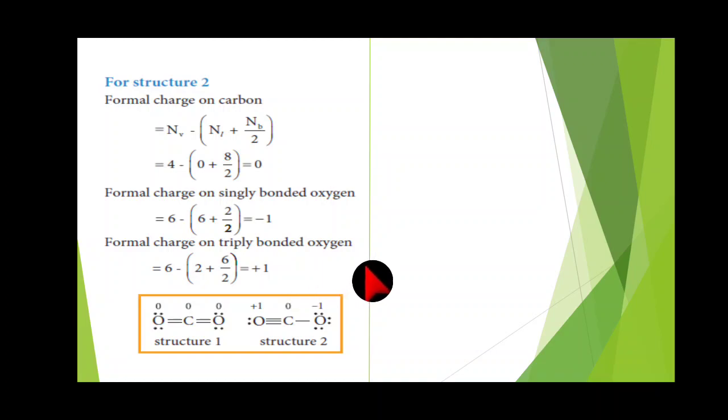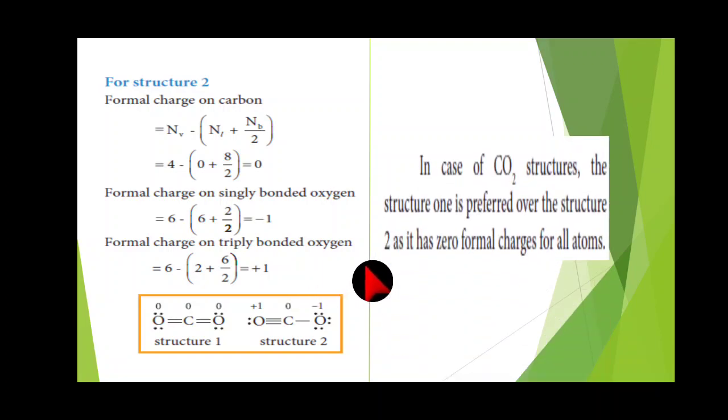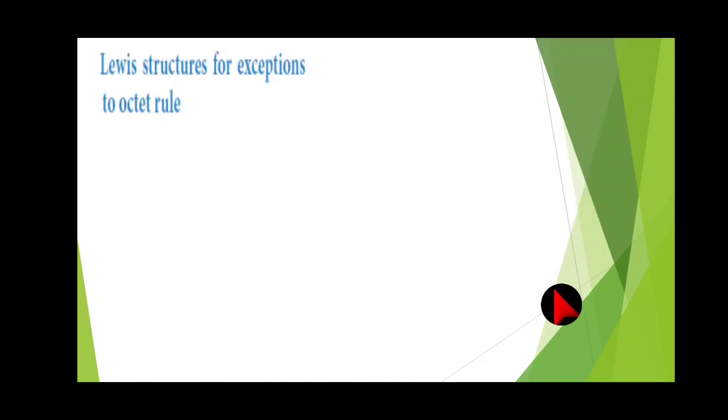So among these two structures, which one is preferred? In the case of carbon dioxide, structure 1 is preferred over structure 2, as it has 0 formal charge for all atoms, right?